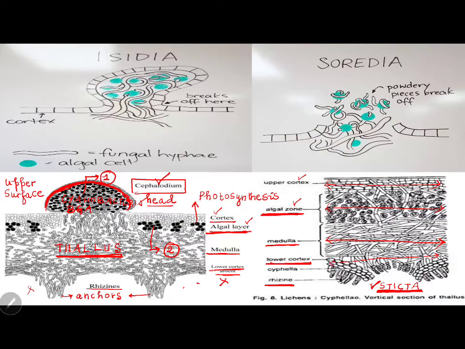Now you can see there is something labeled as Cyphellae here. It is an opening in the lower cortex. What is Cyphellae? Cyphellae is, I am writing here because of the space constraint, opening in lower cortex.